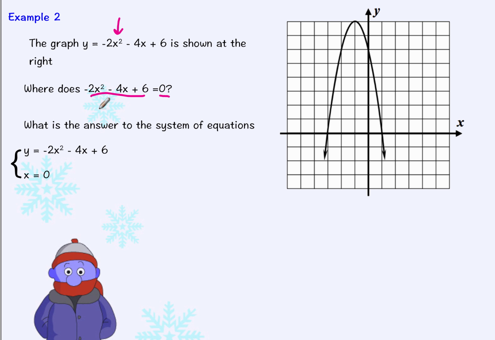Where is y equals 0? Because remember, we're hiding that y. So y equals 0 is right here. So where does that parabola cross there?